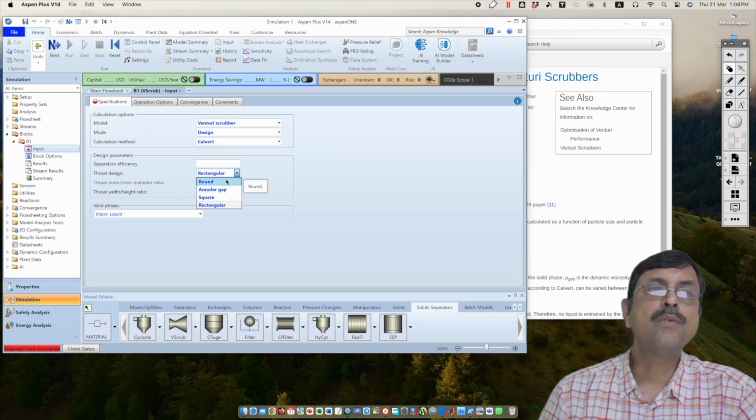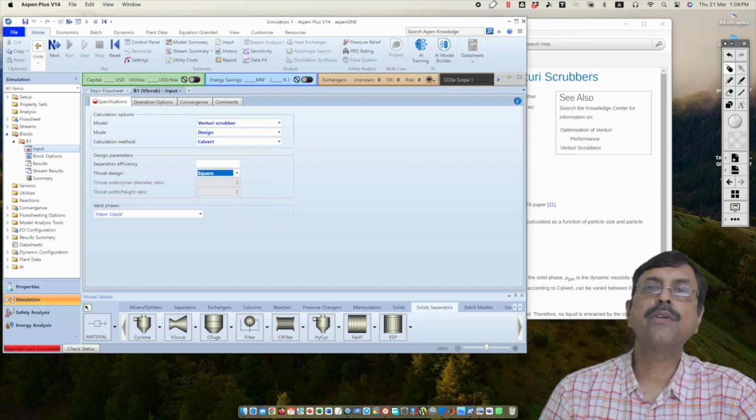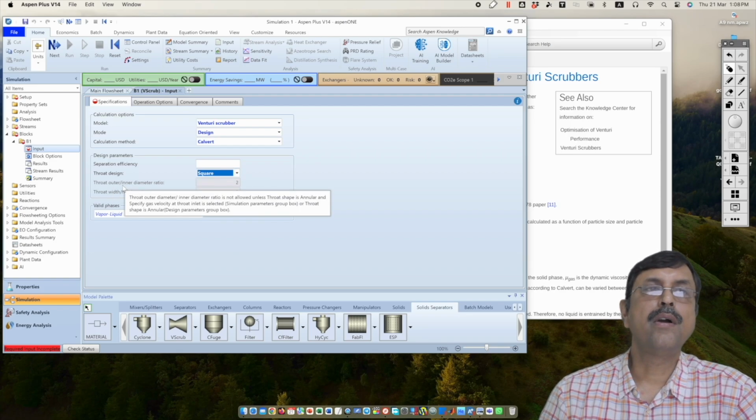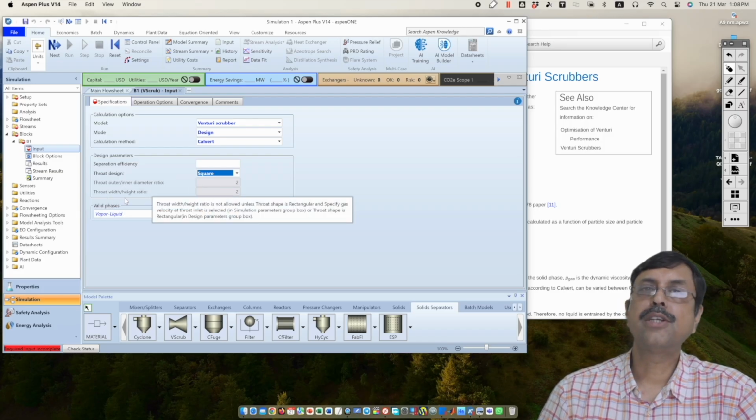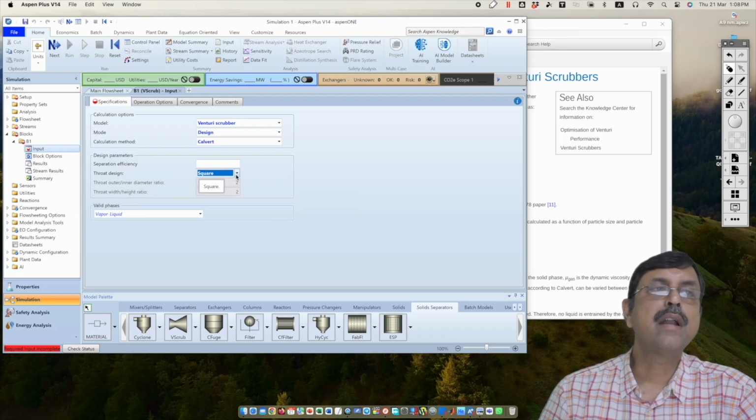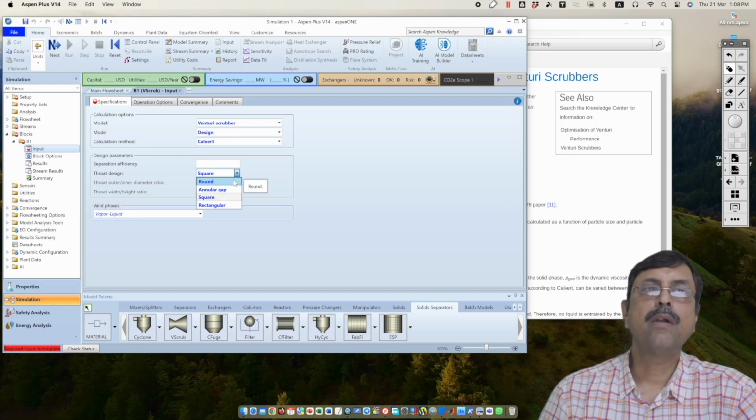If it is round or square, then you do not have to give those ratios, because for the square case, this ratio will always be 1, and for the round case, there is only one diameter, not inner and outer diameter. So there is no question of a ratio over there.